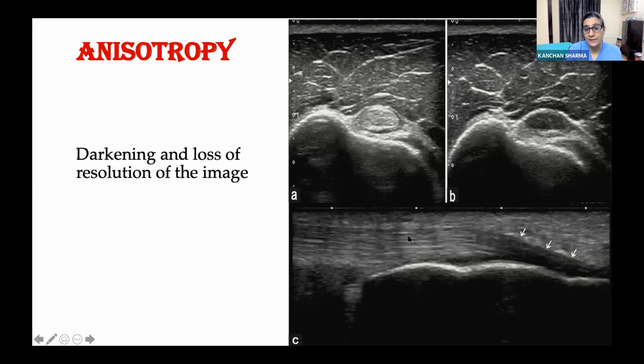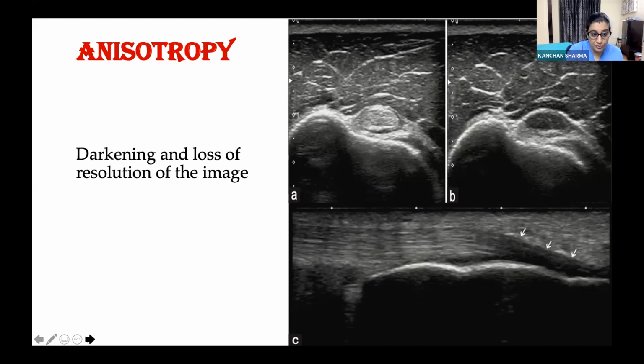That is the biceps, this is the Achilles tendon. You will know it more when we demonstrate, but just remember this is an artifact, and just try to toggle your probe. This artifact will go off, because as soon as your beam is perpendicular, if you are looking at a structure and it is appearing like this, try the heel-toe maneuver, toggle your probe. Then if there is no pathology inside this tendon, it is going to look like this, right?